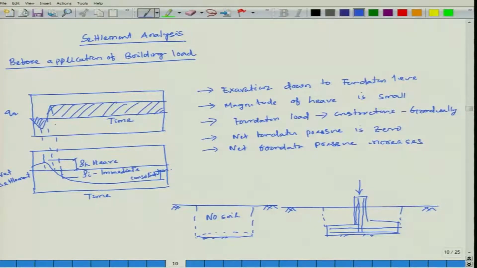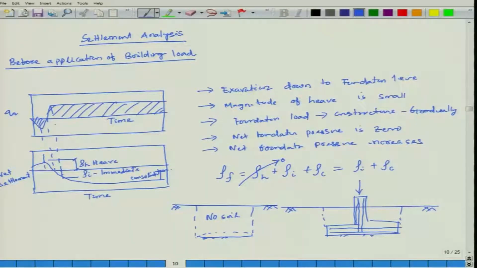So the final total settlement is because of your heave, your immediate settlement, and your consolidation settlement. Generally heave settlement is very negligible, hence it becomes immediate plus consolidation settlement.